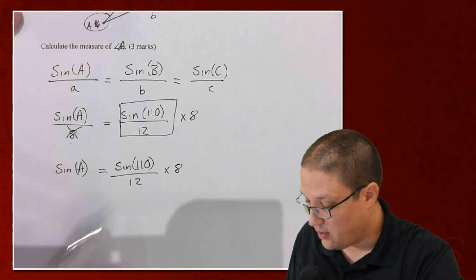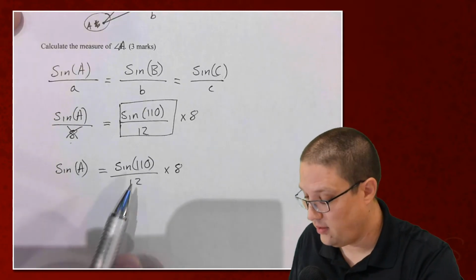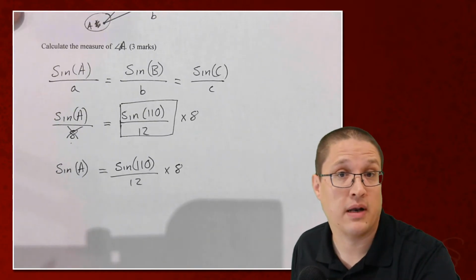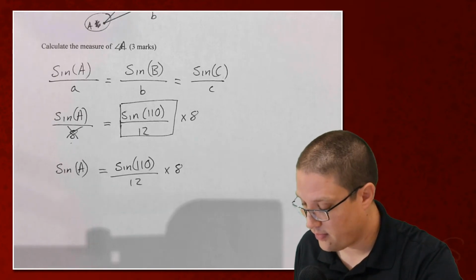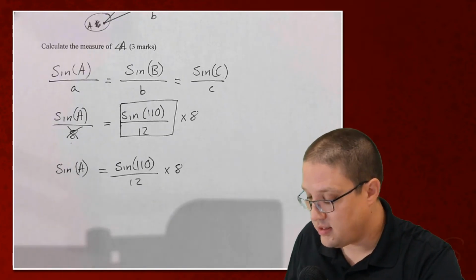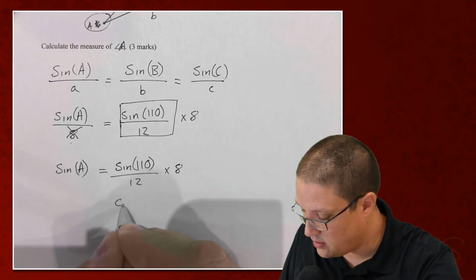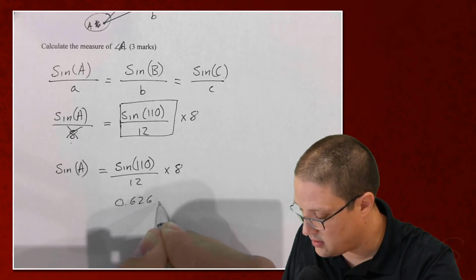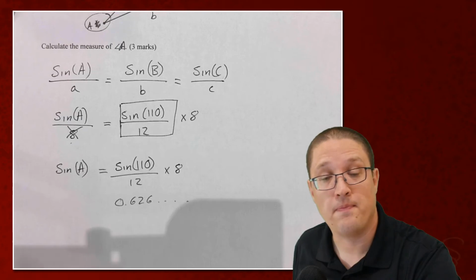Please note with this one here, you have to be careful with your calculator. Your calculator may do this differently depending on the model you've got. Make sure you're typing this in the correct order. With this, my next step is to solve this, which works out to 0.626 and a bunch of decimals, which I'm leaving in my calculator.